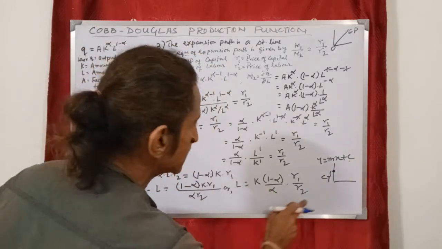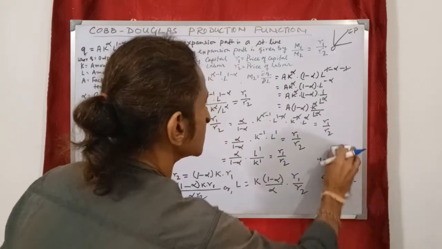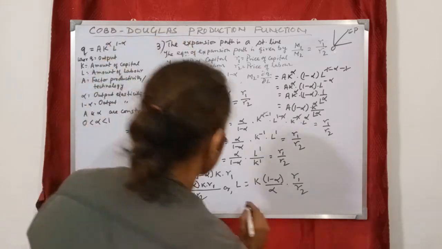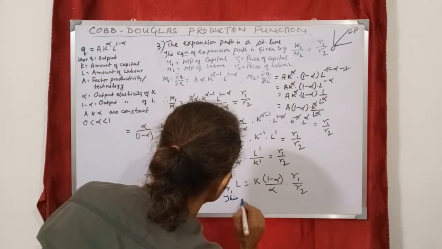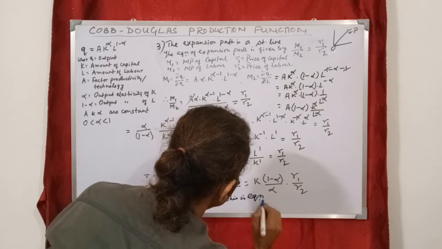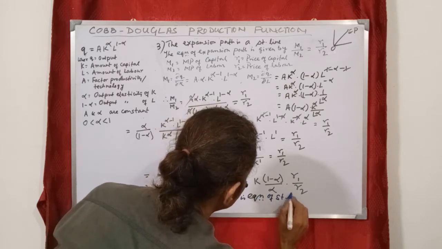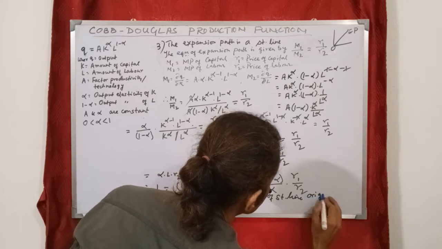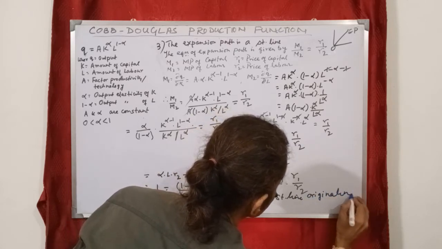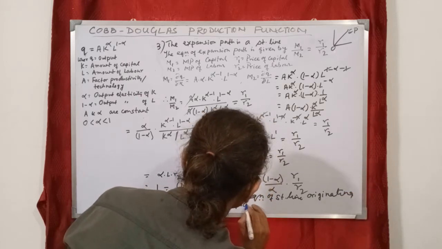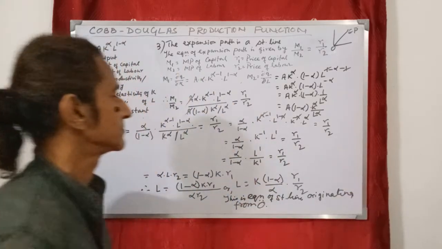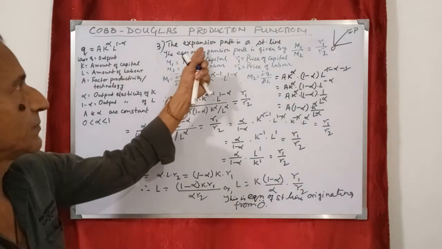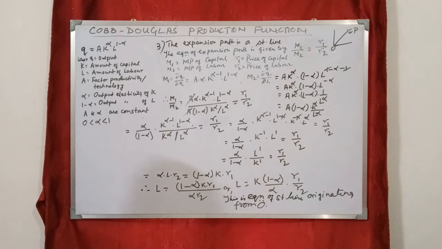This equation is an equation of straight line originating from 0. So the expansion path is a straight line.